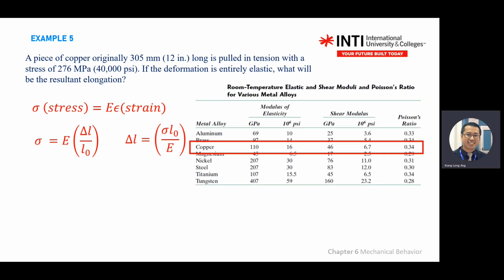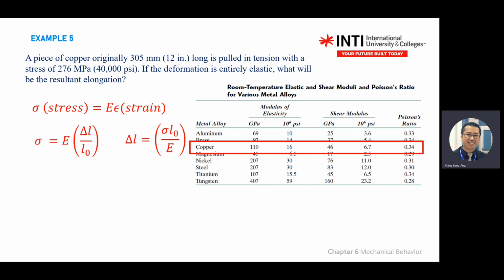Then you go to the table just now. This is how you apply the table in your assessment question paper. You see this table, you have modulus of elasticity and shear modulus. This formula is under modulus of elasticity, and this one is under copper.